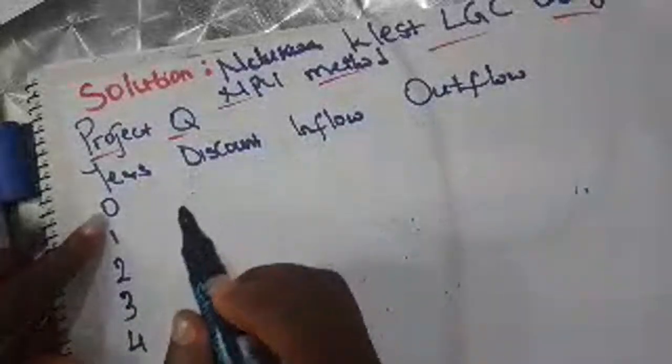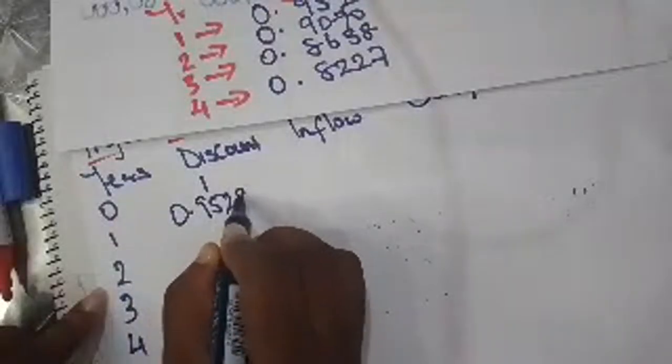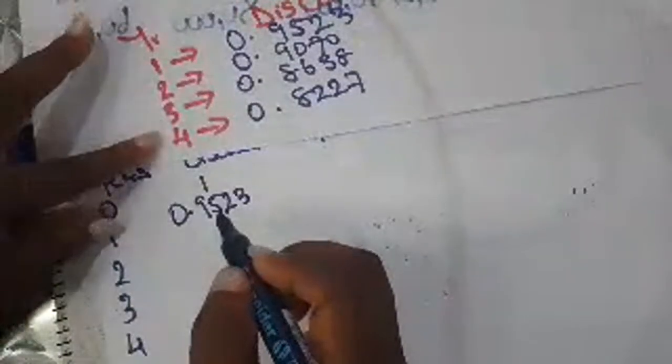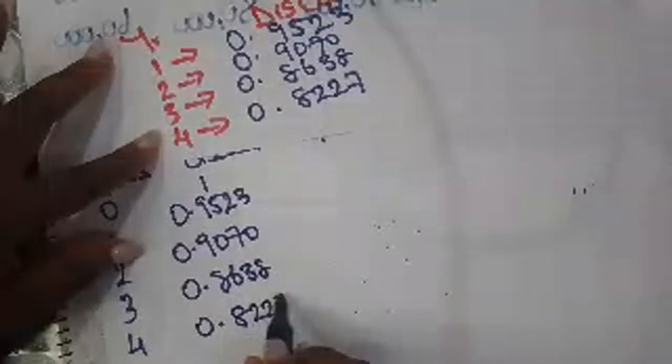So year 0 is always 1. Year 1 is 0.9523. Year 2, 0.9070. Year 3, 0.8638. Year 4, 0.8227.